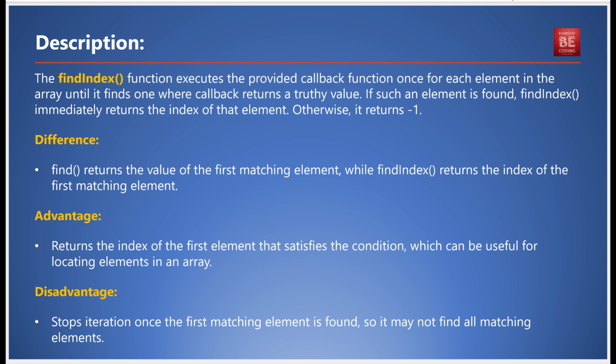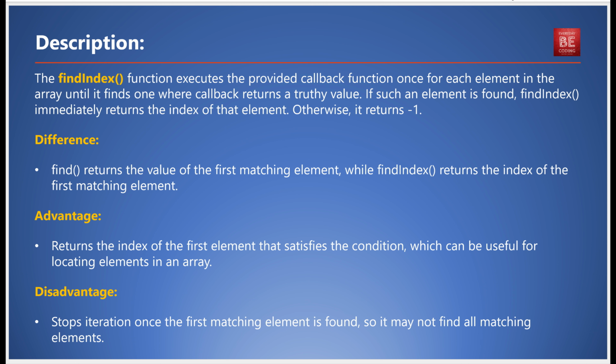Just like the find function, FindIndex executes the callback function for each array element until it finds one where the callback returns a truthy value. If such an element is found, FindIndex immediately returns the index of that element. Otherwise, it returns -1. The main difference from find is that FindIndex returns the index of the first matching element, not the value. This can be useful for locating elements in an array.